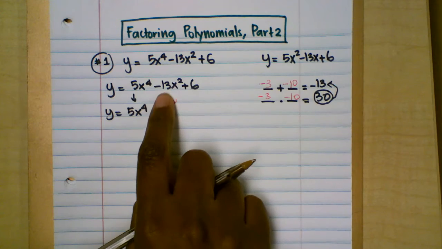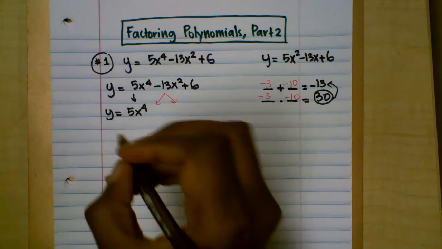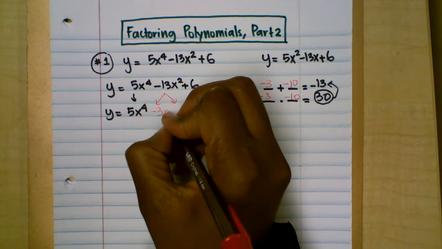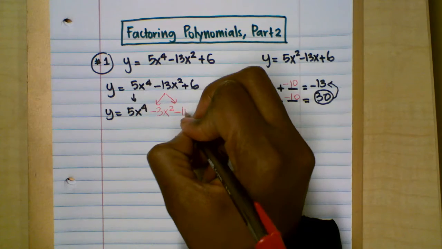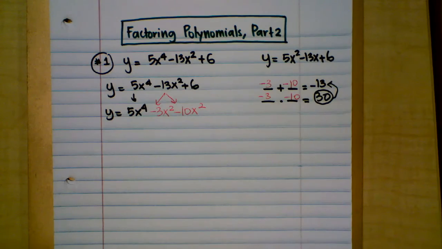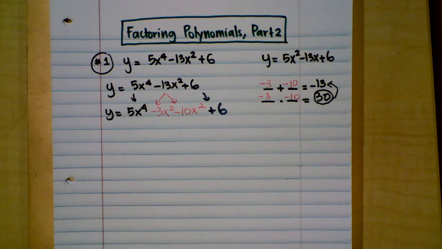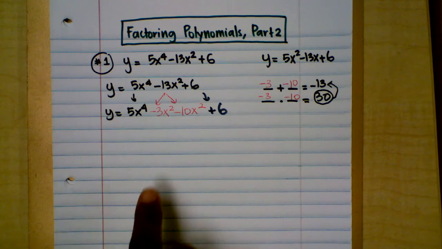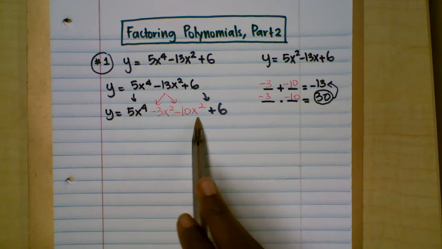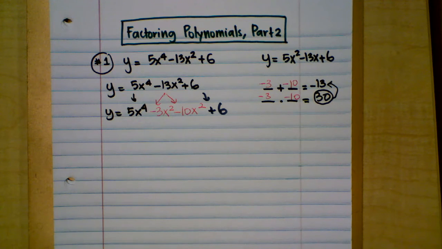So I'm going to replace negative 13x squared with negative 3x squared and negative 10x squared. And then I'm going to bring down the plus 6. Now we can use the box method, because you have 1, 2, 3, 4 terms. You can do the box method, or you can use grouping. Let me do the box method.